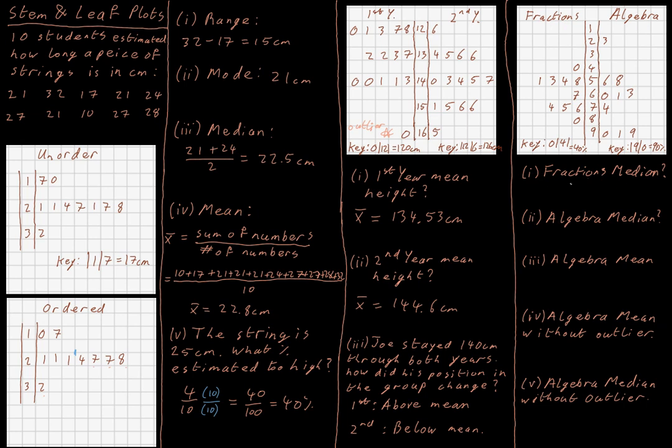So what was the median result for the fractions test? Well, we have 1, 2, 3, 4, 5, 6, 7, 8, 9, 10 people taking our fractions test. So that means that if we need to go halfway through our data set, it is going to be between 5 and 6. So 1, 2, 3, 4, 5 is here, which is a little bit awkward.